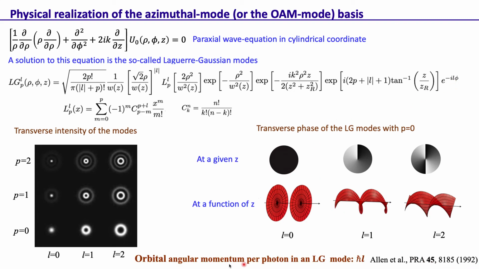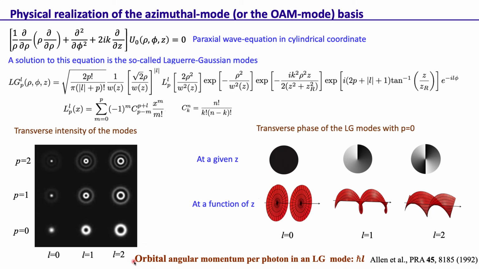And then in 1992, it was shown in this paper that the orbital angular momentum of a photon in this mode is actually h bar L. So this was a very important result, and it has a lot of implications in quantum information using orbital angular momentum modes.